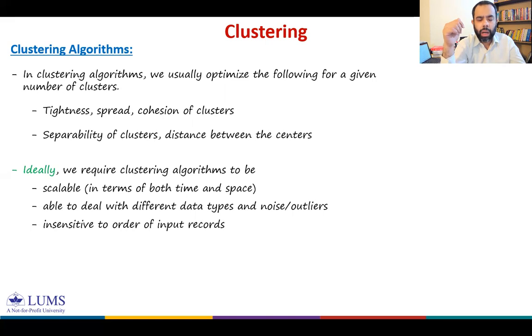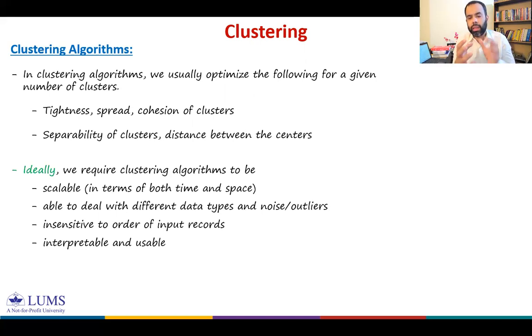It simply means if they have some concentration of data points in some cluster, they should be insensitive to asymmetric sizes of the classes or different shapes of the clusters. Algorithms should be interpretable and usable. It means once we have these clusters, we should be able to infer some information. We should be able to relate the information conveyed by these clusters or these groupings of the data.